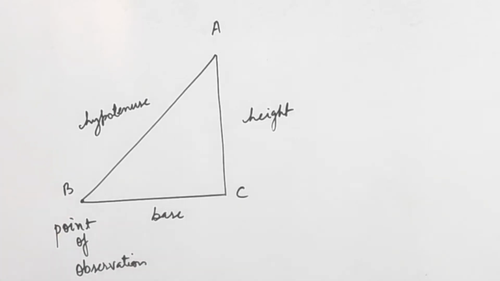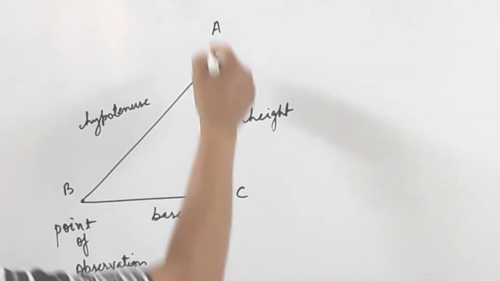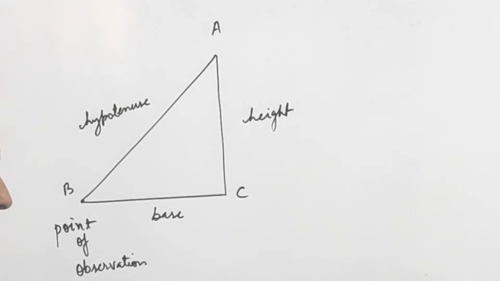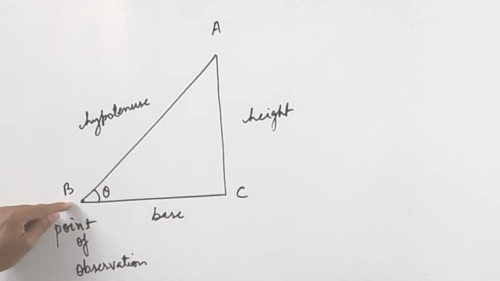Because we consider this B as the point of observation, and if we are looking upwards towards the top of something, suppose AC is a tower, it is inclined at angle theta at a point on the ground.